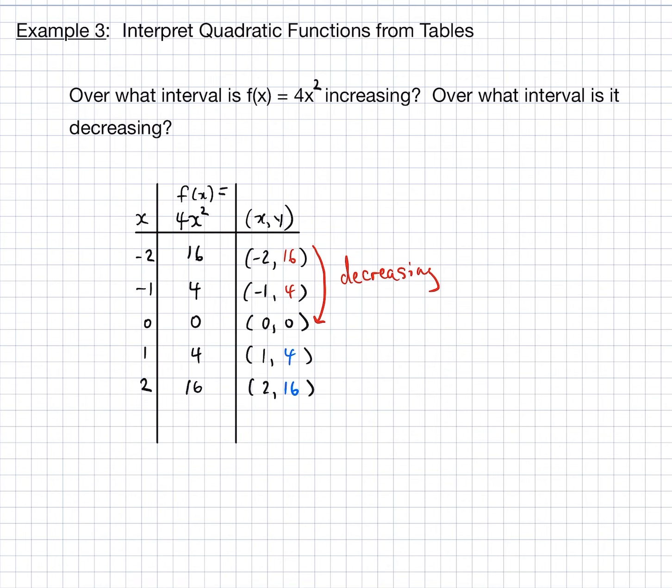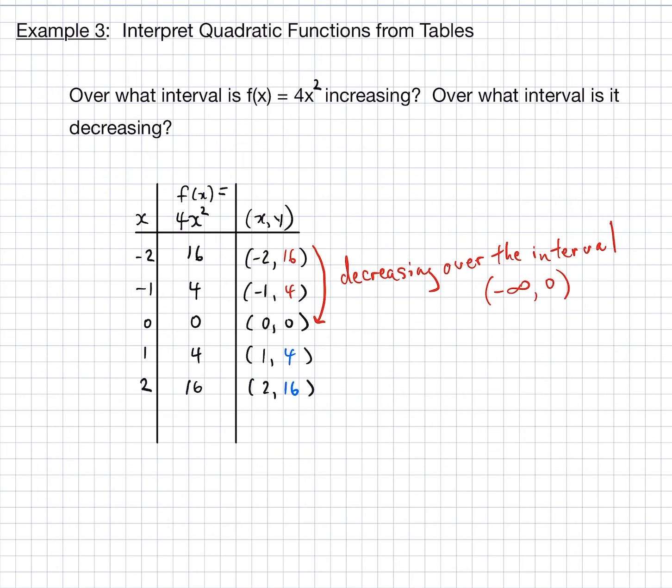Okay, so we're going to say decreasing over the interval. And even though we have this as -2, it doesn't necessarily start there. This function actually goes into negative infinity. So we would say it would be over the interval -infinity to 0.